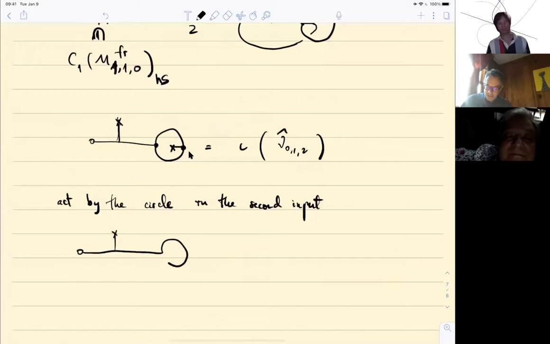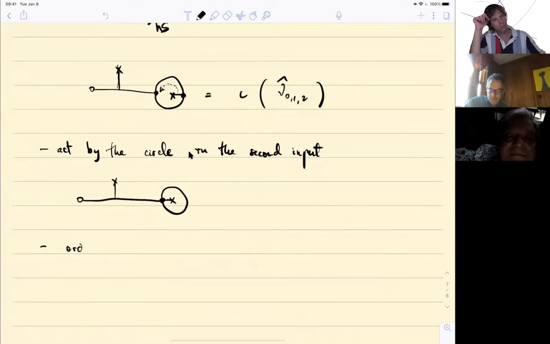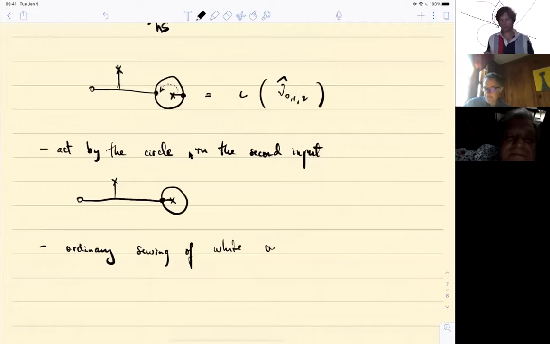And what is happening is when you act by the circle action, what you're doing is you're moving the framing to the points in the face. So what has happened is this guy has been rotated to here. And then I'm going to do the ordinary sewing of the white vertex to the second face. This is the second face, the new face that I have done.